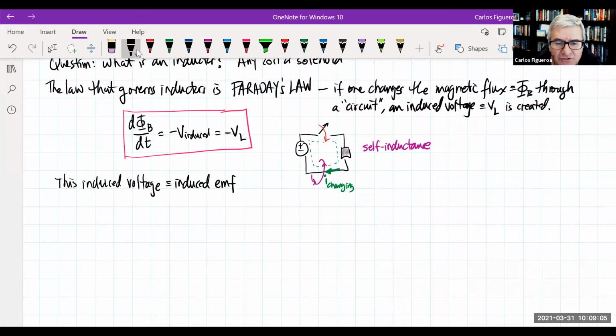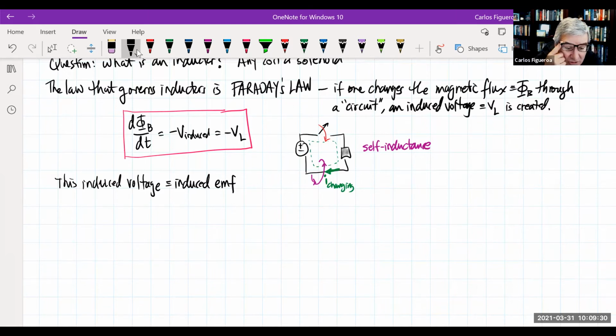EMF is a voltage term, even though they call it the electromotive force. It's not a force, right? That's the most hideous name for an induced voltage. So now we don't even say electromotive force. We just say we're going to call that an EMF, so we don't confuse people on what's actually happening here.